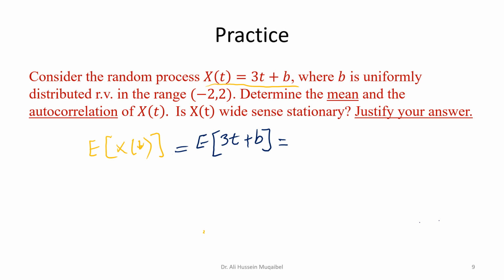So it's going to be the expected value of 3t, which is not a random variable, so it's going outside, 3t plus the expected value of b, which is equal to 3t. Now we can immediately conclude that this is not going to be wide-sense stationary because the mean itself is a function of time. It changes with time.